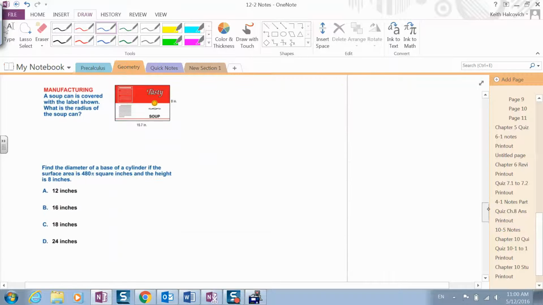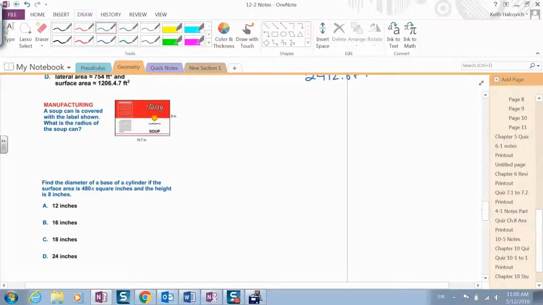All right. The last one, if you notice, a soup can is covered with the label shown. What is the radius of the soup can? Well, if you notice, this is a square here, or a rectangle.